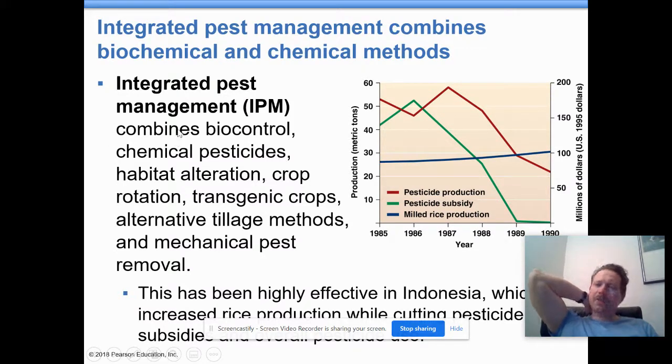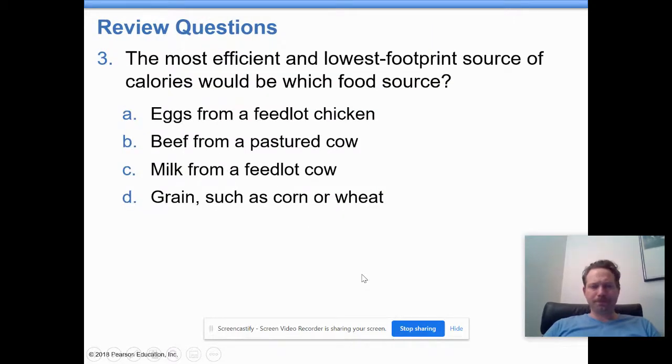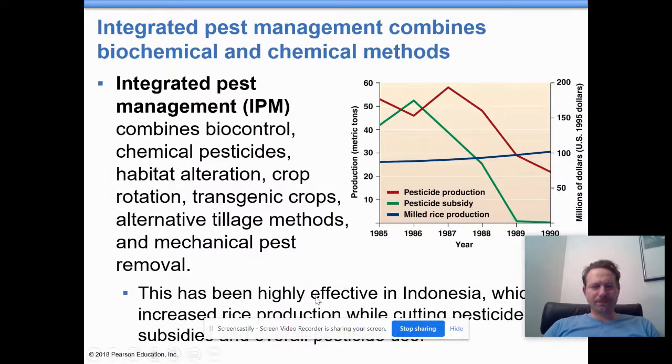This has been extremely effective in a lot of places like Indonesia, where they've increased their rice production and cut their pesticides. So it's actually helping to reduce cost as well. You can see in here the pesticide reduction, pesticide subsidy, and production has gone up slightly. And there we are.